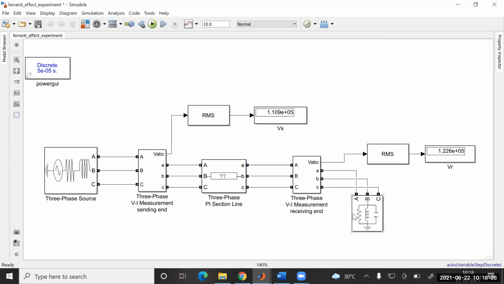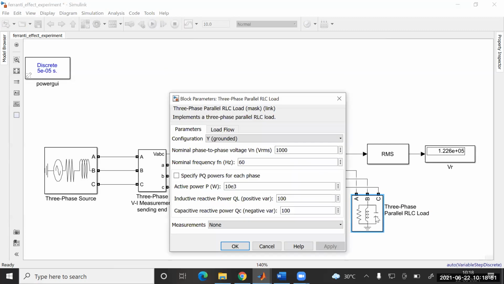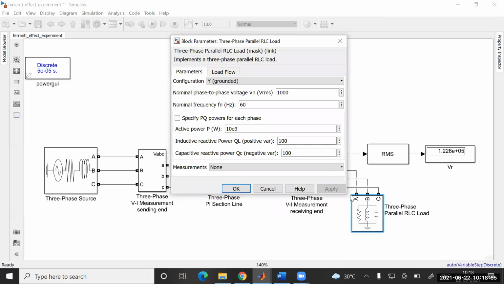Three-phase parallel load is being added. Let's see what data we are going to give in this.